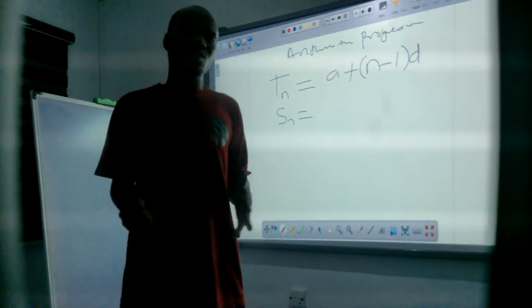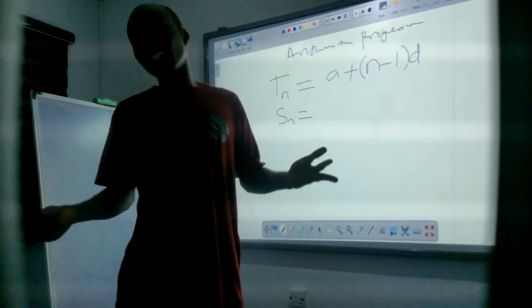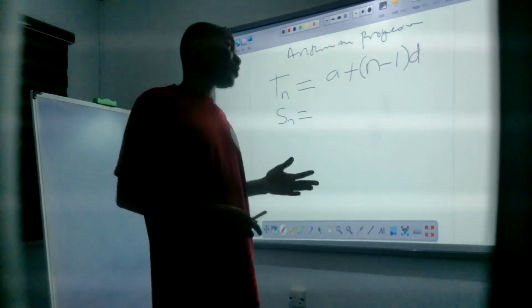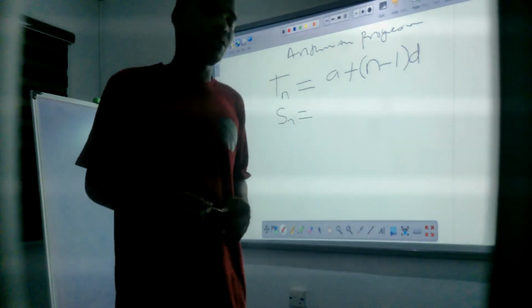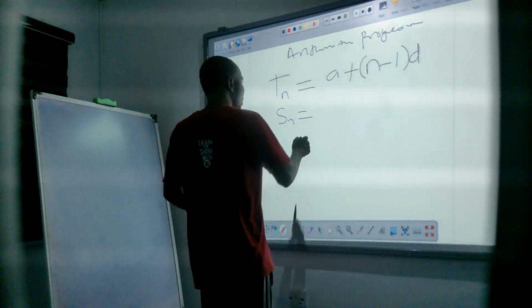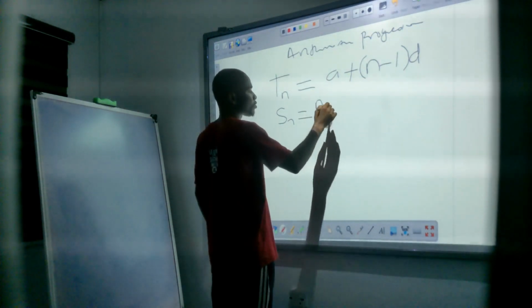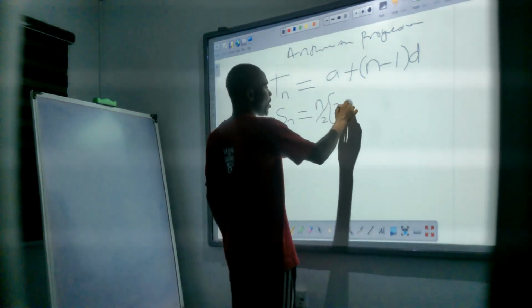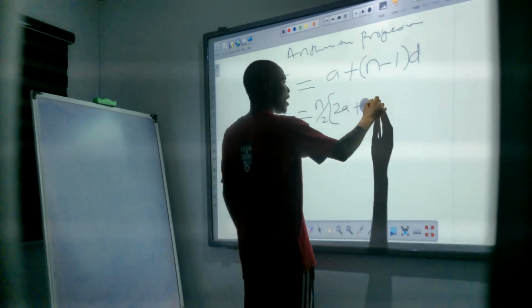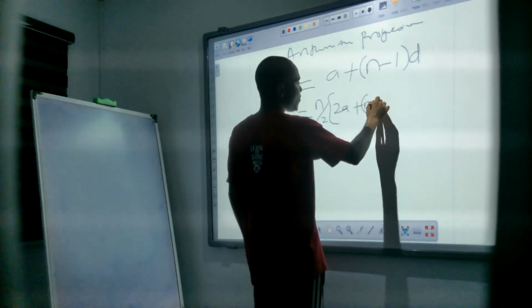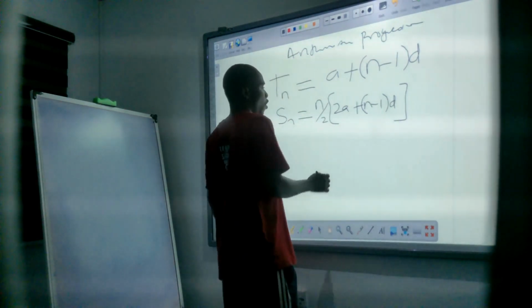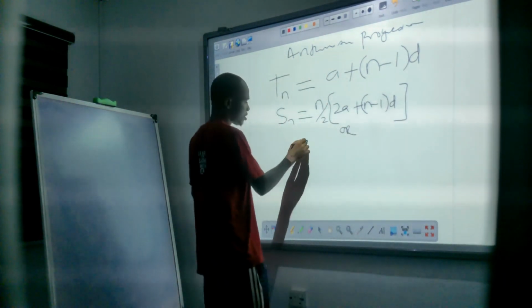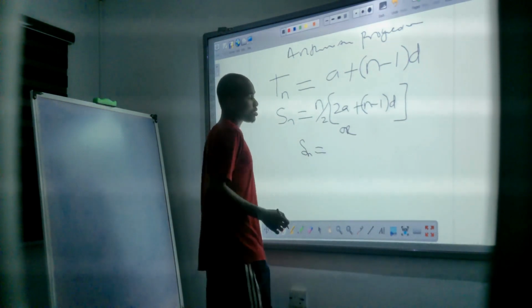We could list all 10 terms and add them, but that is the long way. So we can use a formula to get the sum of the first 10 terms of any AP. The formula is n divided by 2, open bracket 2a plus open bracket n minus 1 close bracket multiplied by d, close the big bracket.